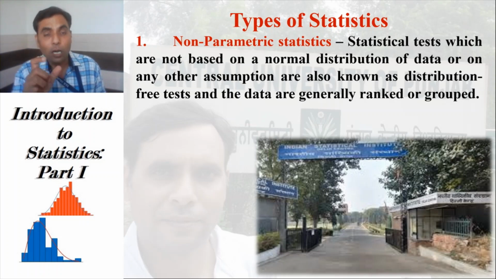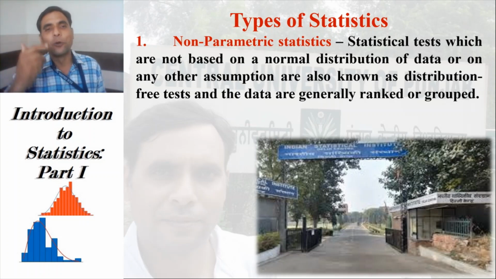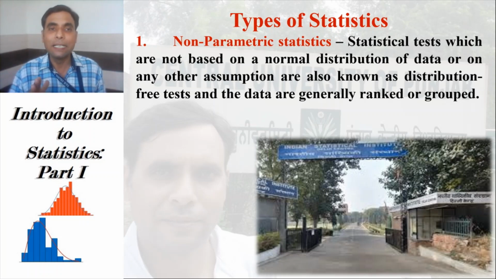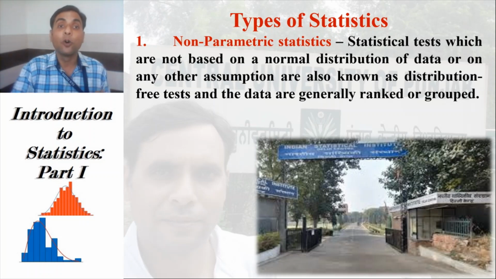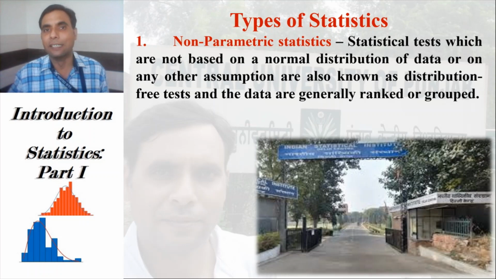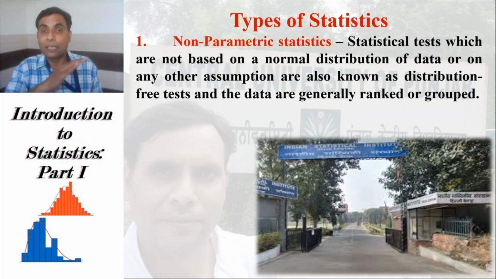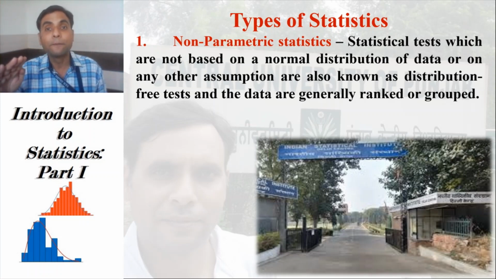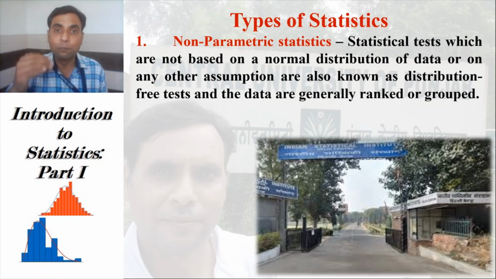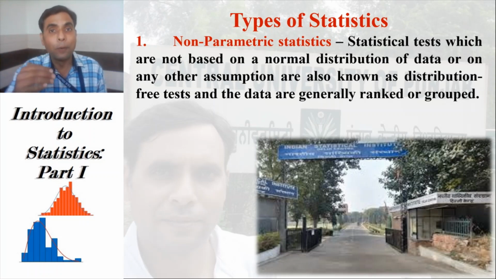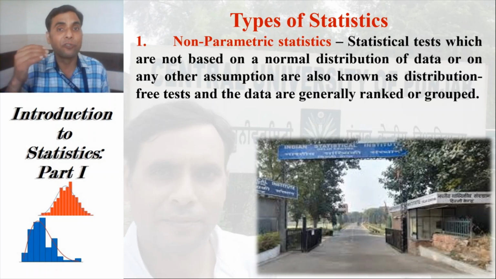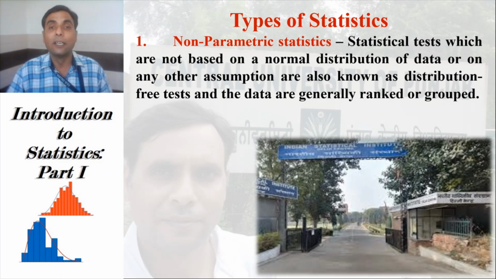I'll let you know the guru mantra to remember non-parametric statistics. Non-parametric means no probability distribution. You can remember like that. When the data set doesn't follow or meet the assumptions of probability distribution, or is also known as distribution free data, that is known as non-parametric statistics.